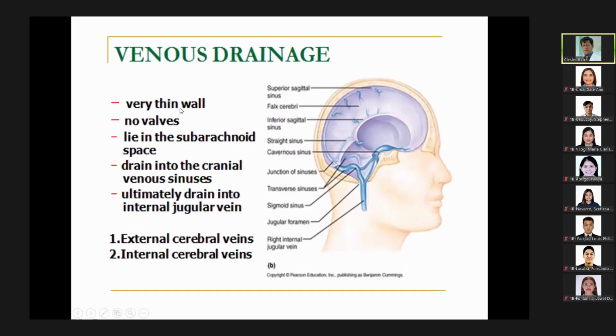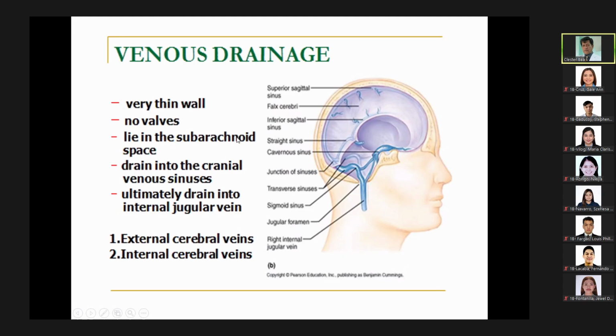Now let's go to the venous drainage of the CNS. First, we try to describe the veins of the brain. They are thin-walled, as you would expect in different veins of the body. But unlike the veins of the lower extremity, your veins in the CNS do not contain valves.